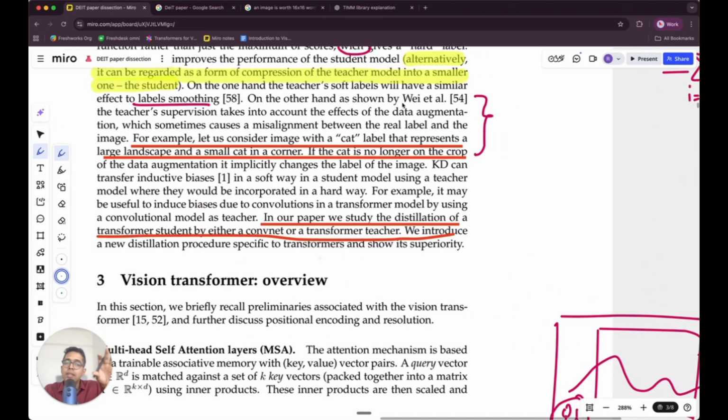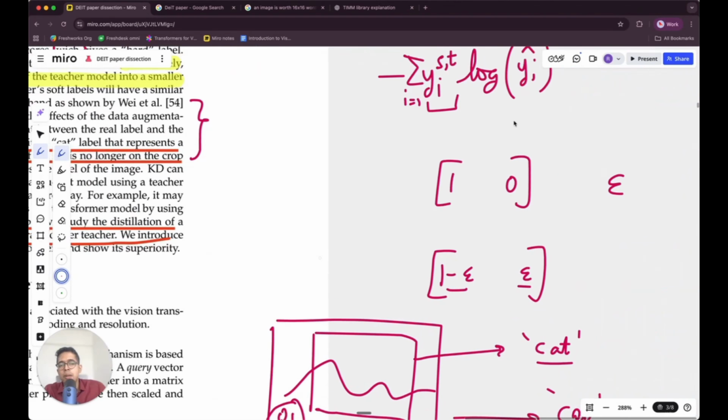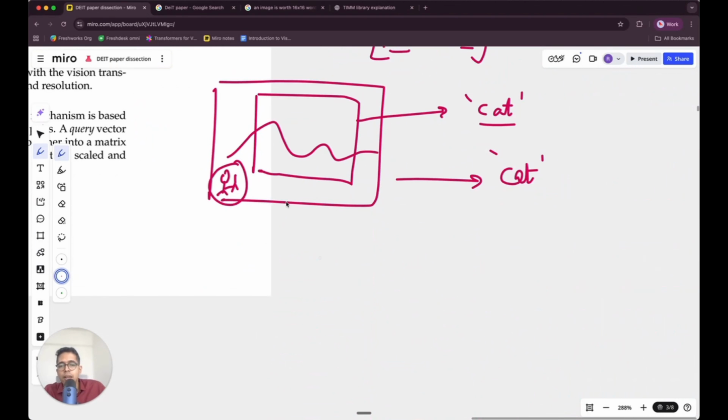and the teacher's softmax labels are slightly different in principle. In label smoothing, what will be the case? Let's say it's a 3-class classification, not binary: cat versus dog versus landscape. Then the actual ground truth is 1, 0, 0. First one is cat, second is dog, third is landscape.